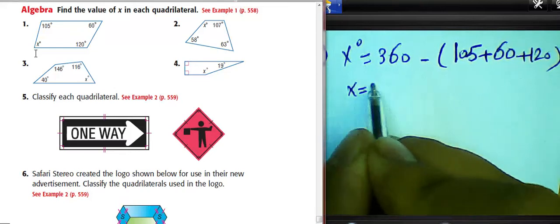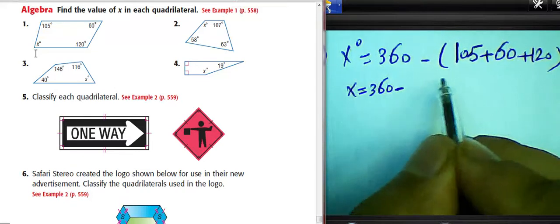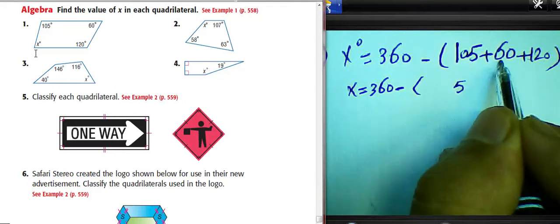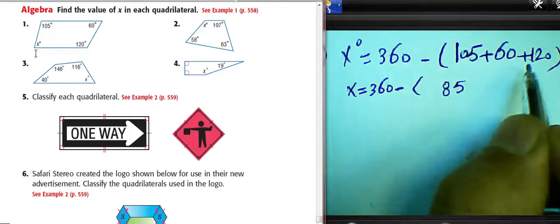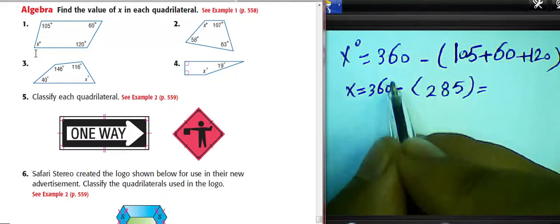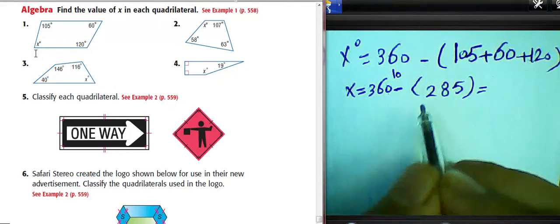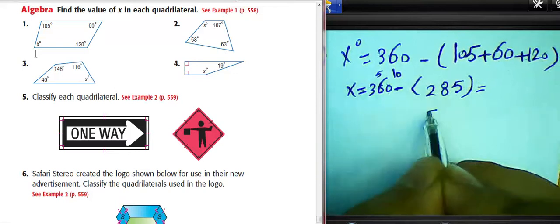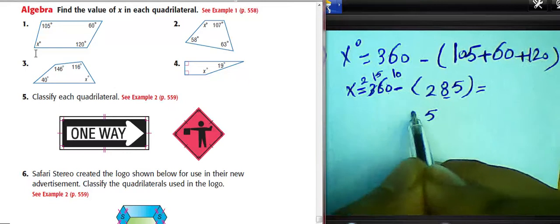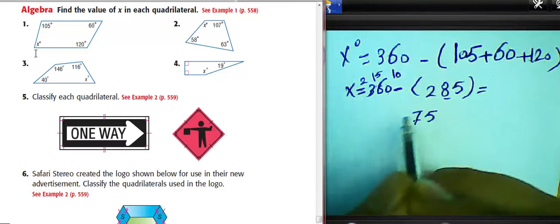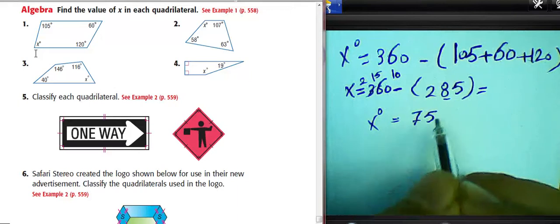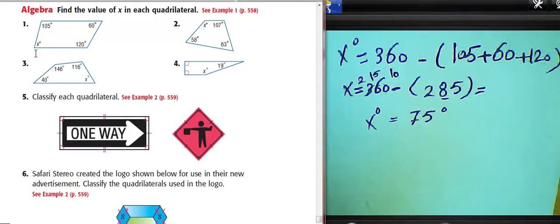X equals 360 subtract: 0 plus 0 plus 5 equals 5, 2 plus 6 is 8, 8 plus 0 equals 8, 1 plus 1 equals 2. So the result will be 285. Now 0 minus 5, we can't do it, so we borrow 1, 10 minus 5 equals 5. 5 minus 8, we can't do it, 15 minus 8 equals 7, and 2 minus 2 equals 0. Then the measure of angle x equals 75 degrees.